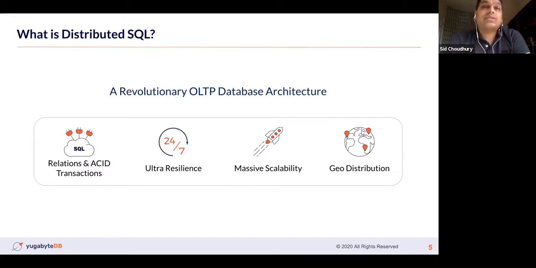Third aspect, which is a very significant and exciting aspect, and if 5 years ago somebody had told me that databases would reach this level of sophistication, I wouldn't have believed them, and that is geo distribution.